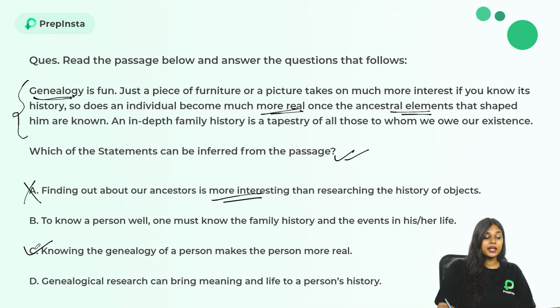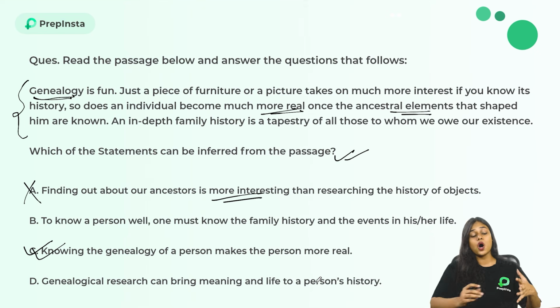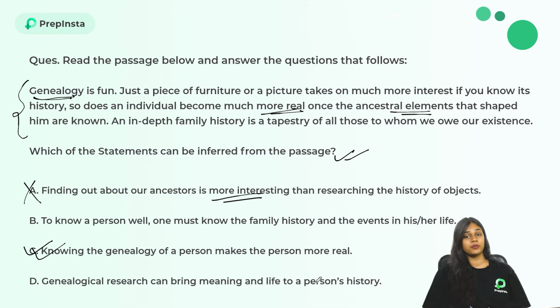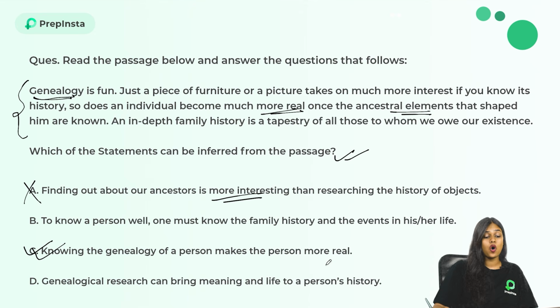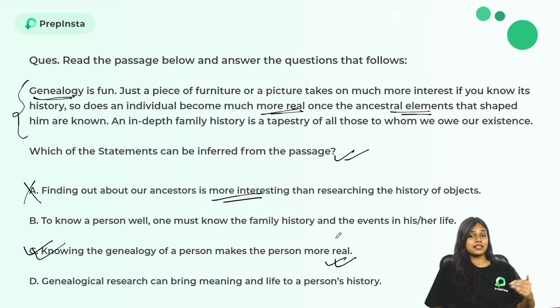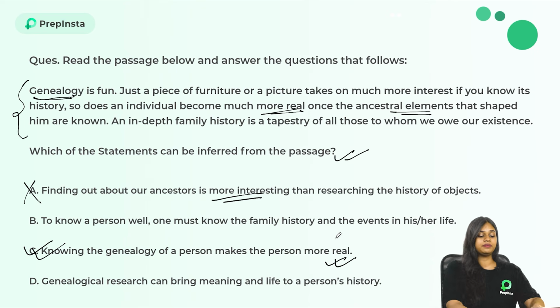So this can be inferred from the passage. Again, genealogical research can bring meaning and life to a person's history. We're not talking about how much meaning or life a person's history can get from genealogy, but how much real a person can get through genealogy, right? So we can say that option C, which states knowing the genealogy of a person makes the person more real, should be the correct answer. That is inferred from the passage that is given to us.